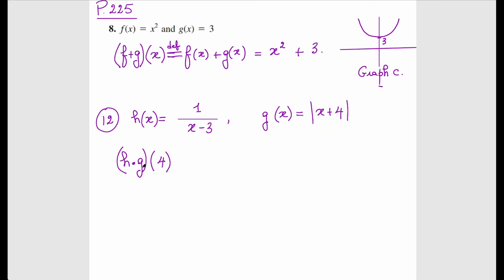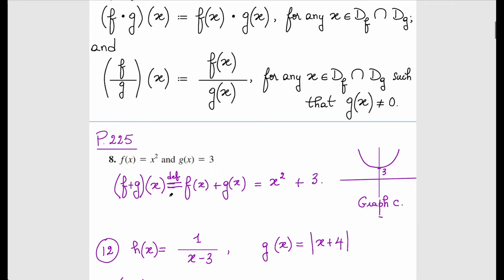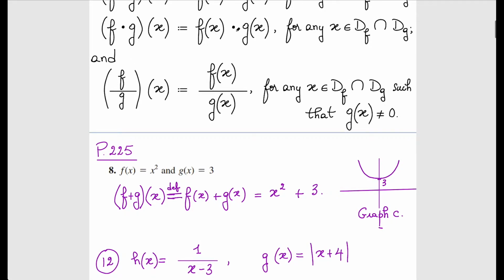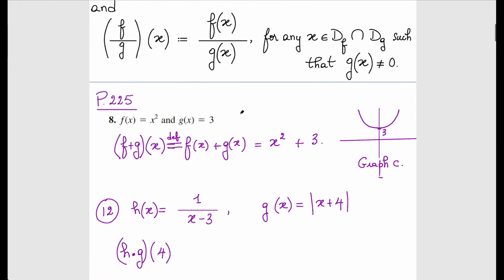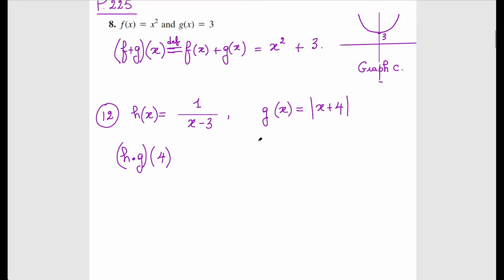Alright, so how does the product of two functions operate? How is this defined? Well, it's right there. It's just simply the product of the respective outputs. So this is equal, by definition, that we just visited a second ago, to h at 4 times g at 4, right?